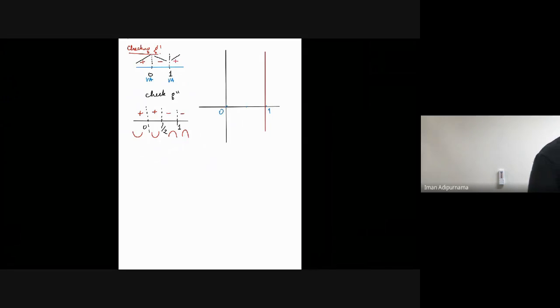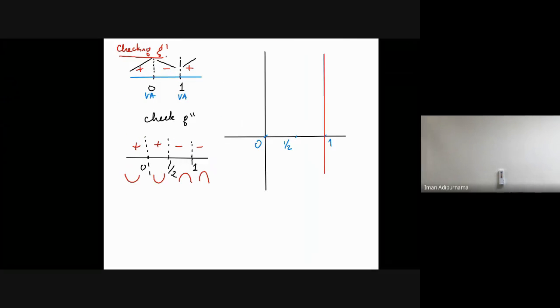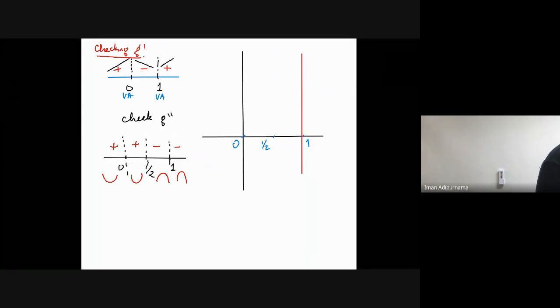This is also an asymptote, 0. And half is our inflection point. From the G prime, before 0 it is always increasing. But remember, we also have a horizontal asymptote here. Because we have an asymptote, the graph will come from here and then go up. So it's going up, and it's also fitting this curve.